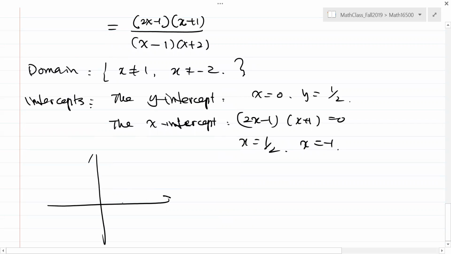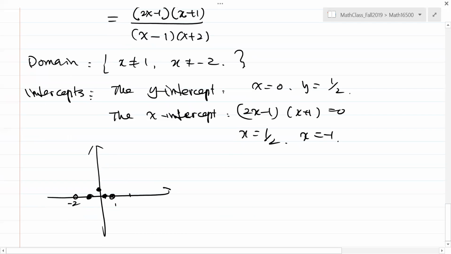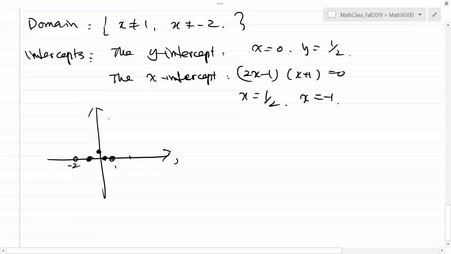When x equals 1 or -2, the function is not defined at those two points. No graph at those two points. The y-intercept is at x equals 0, and the x-intercepts are at x equals 1/2 and x equals -1. So the graph passes through those points. It's hard to draw, right?